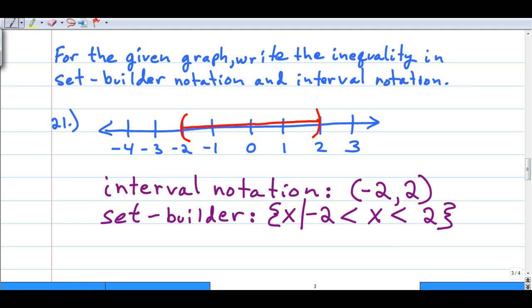So again, I'm going to put in a less than value, because when I look at this, X is less than the +2. My X values are all less than a +2.